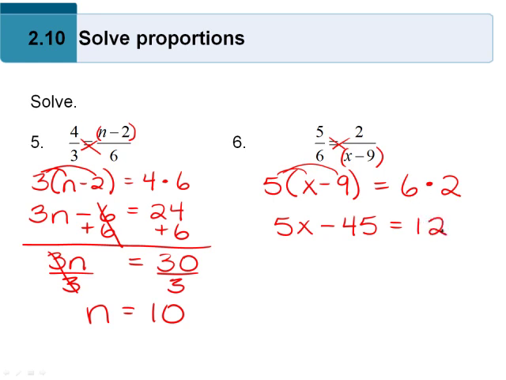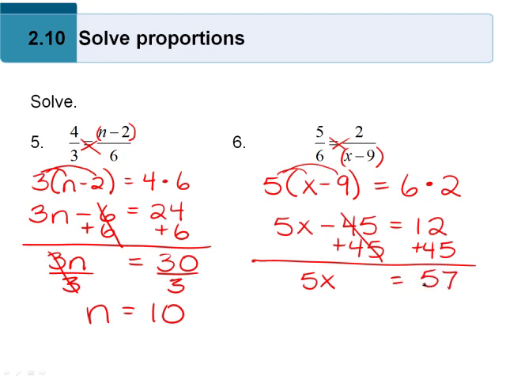Now, next step, don't mess with the 5x, get rid of that 45. So add 45 to both sides, and 5x comes down. The 45's cancel, and we get 57.